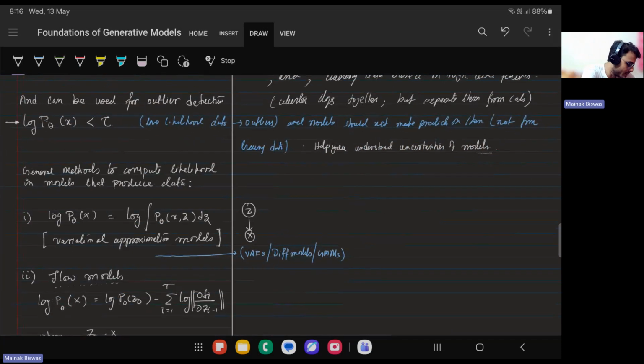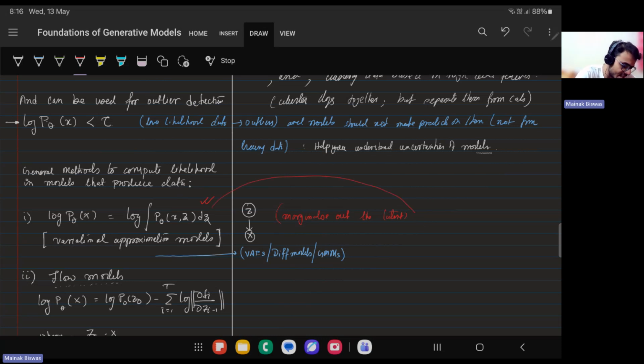One of them is variational approximation, where you marginalize out the latents. In a VAE you learn the joint distribution of the data X and the latents, and you can marginalize across the latents to get the data distribution.